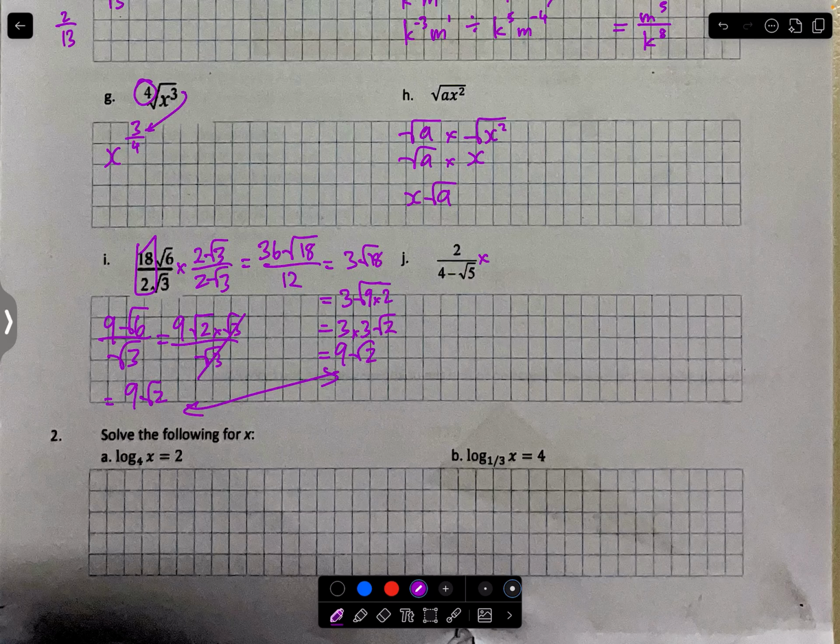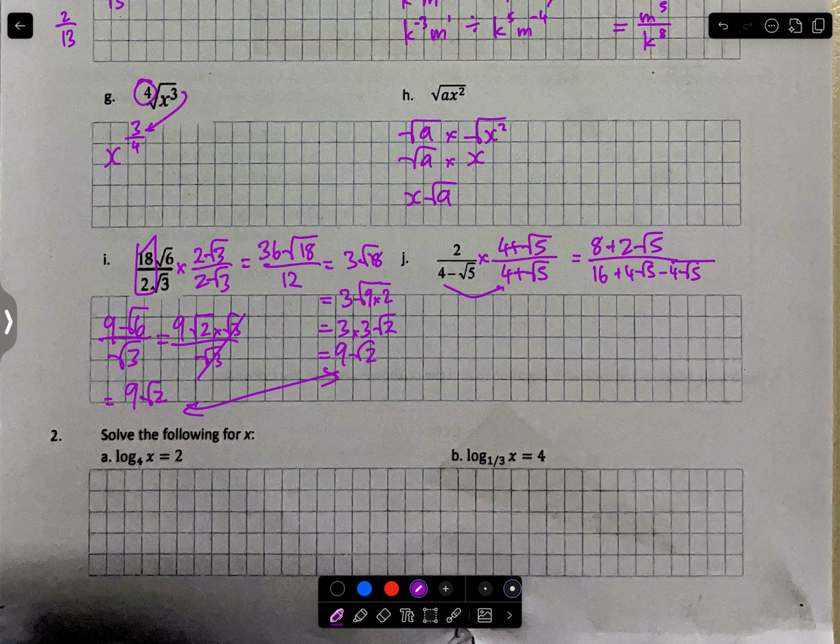You need to use the conjugate of 4 minus root 5, which is 4 plus root 5. You can multiply by 4 plus root 5 over 4 plus root 5, because that's the same as multiplying by 1. So 2 times 4, 8. 2 times root 5 plus 2 root 5. 4 times 4, 16. 4 times root 5 is plus 4 root 5. 4 times negative root 5 is negative 4 root 5.